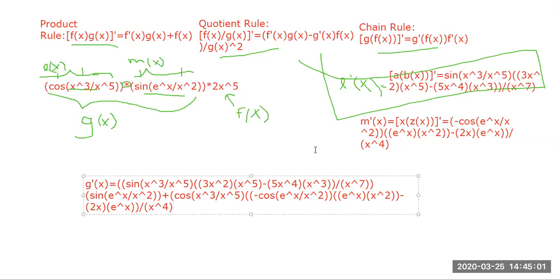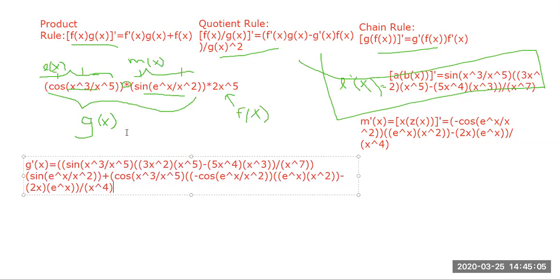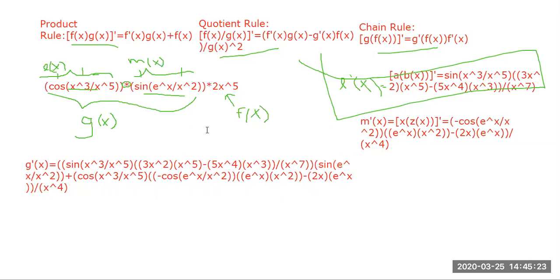All right, so all that work finally paid off. We got g prime of x. Fantastic, right? Now for the easiest part of the whole time, we gotta find f prime of x. F prime of x is just simply a power rule. So give me a text box going right about here, that's all the room I need.